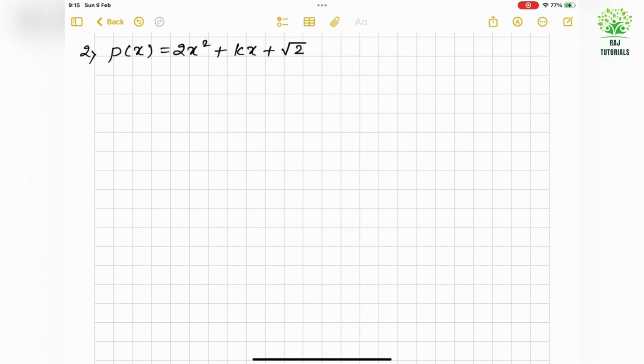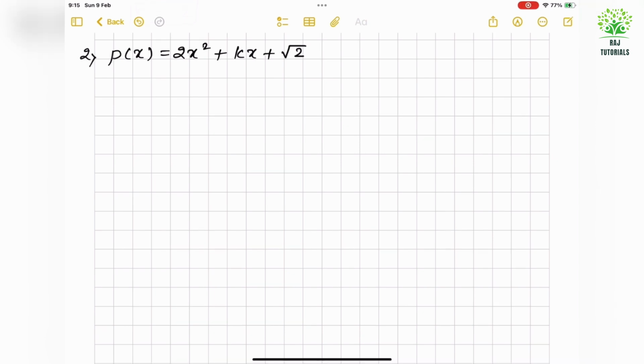Now it is given to us that p of x equal to 2x square plus kx plus root 2 and x minus 1 is a factor. So I know that p of 1 should be 0. So p of 1 is 0, that is 0 equal to 2 into 1 square plus k into 1 plus root 2.